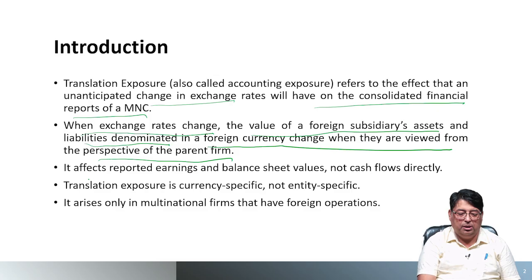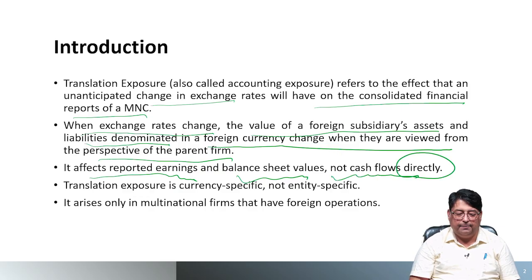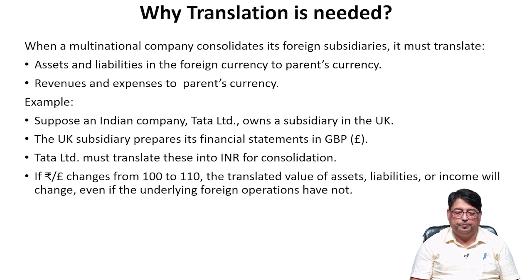That kind of difference in valuations results in translation exposure. It affects reported earnings and balance sheet values, not cash flows directly, as I said. Translation exposure is currency specific, not entity specific. It arises only in multinational firms that have foreign operations.